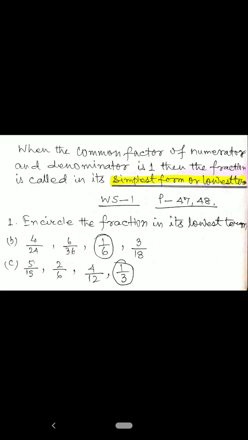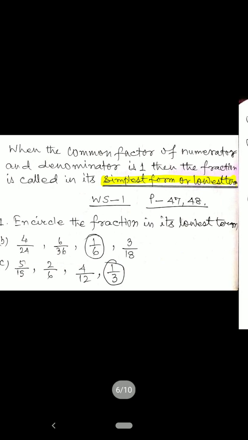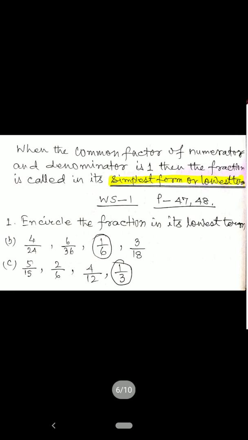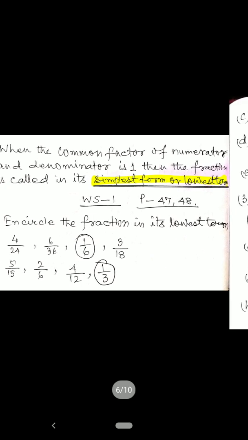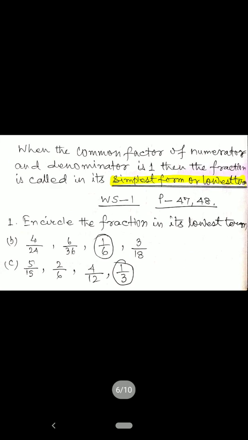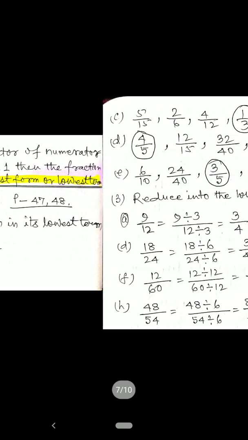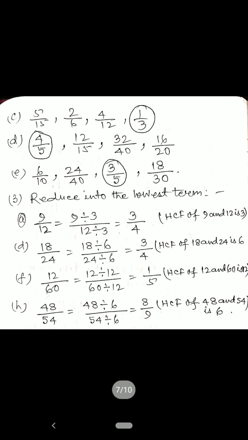So it is not in lowest terms. 1 by 6 is in lowest terms. So encircle 1 by 6. 3 by 18. Here common factor of numerator and denominator is 3. So it is not in lowest terms.